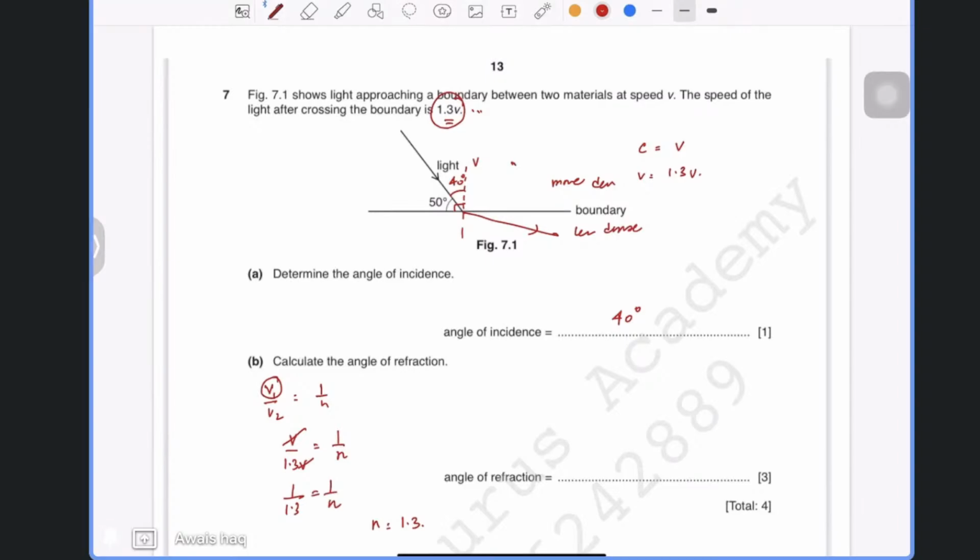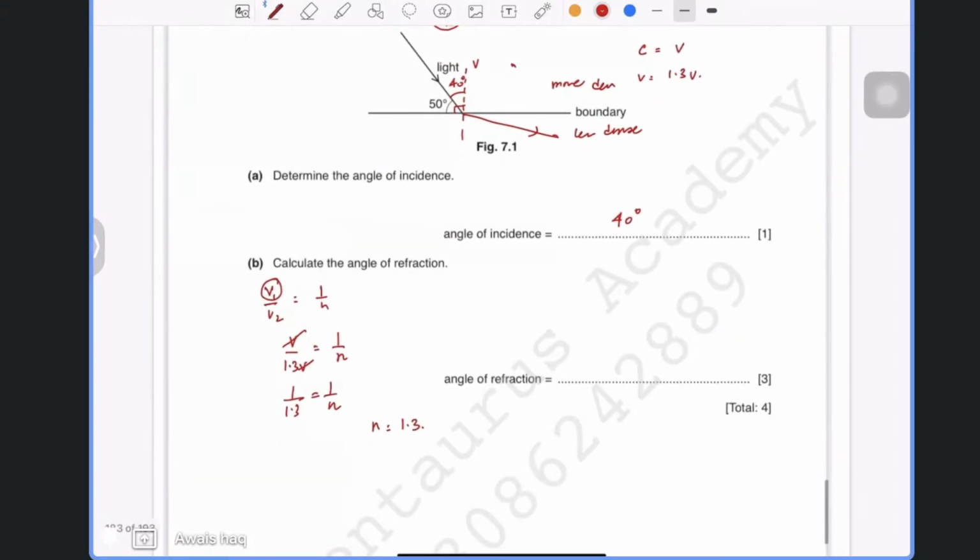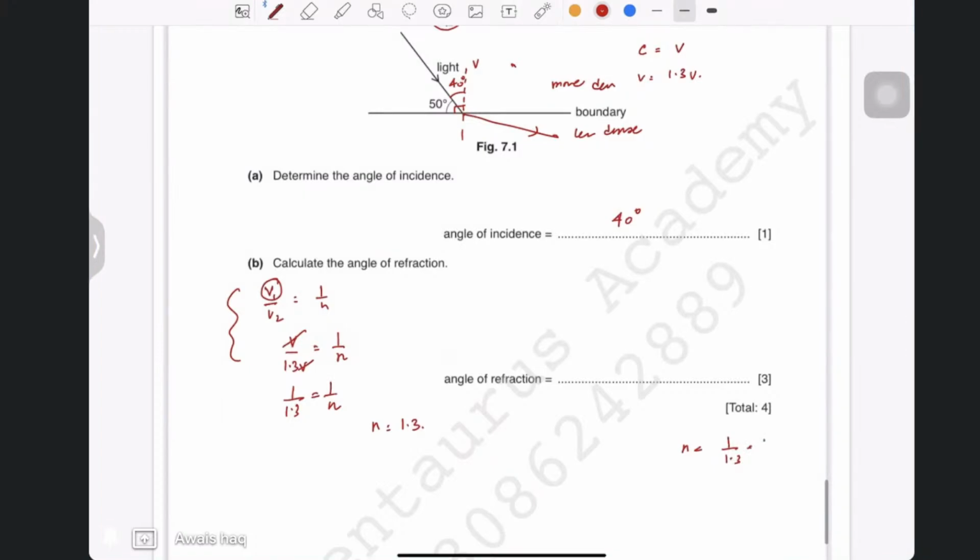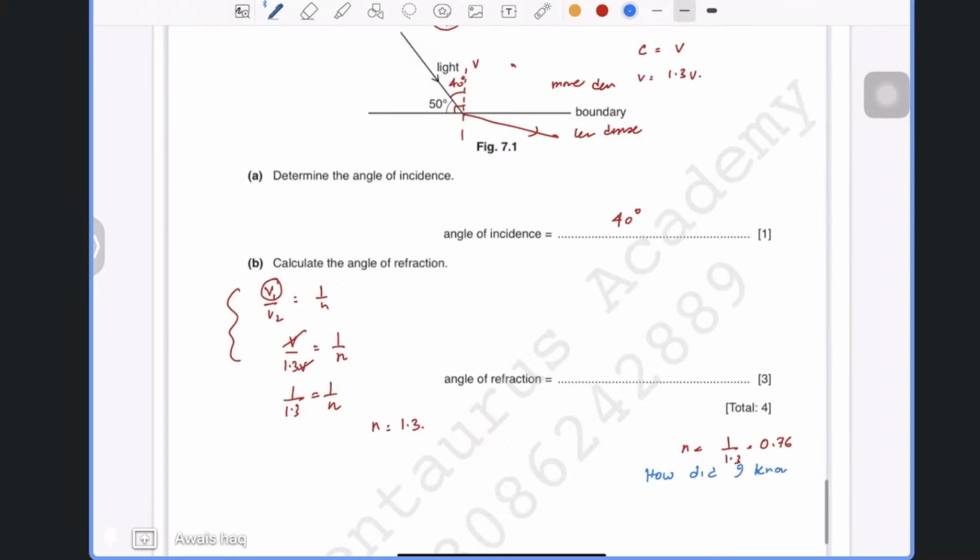Now originally when I did the wrong thing, I did n equals 1 over 1.3, and what was the answer? 0.76. Now how did I know this was wrong?